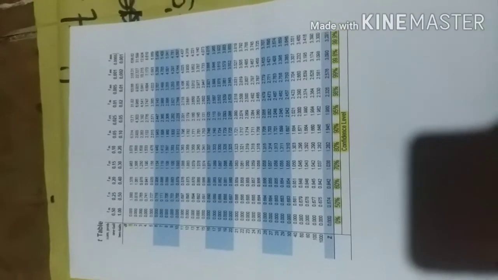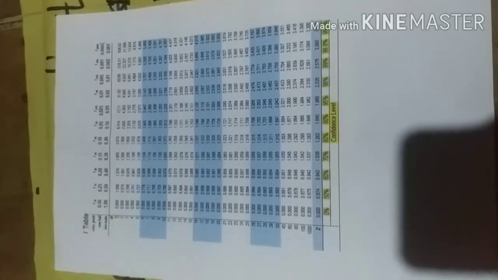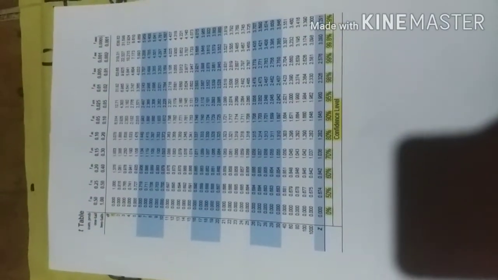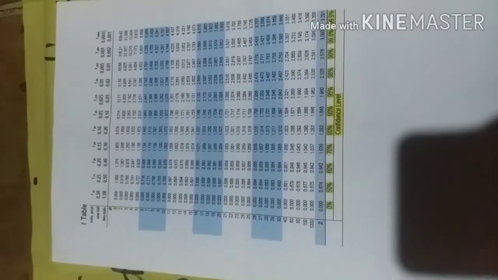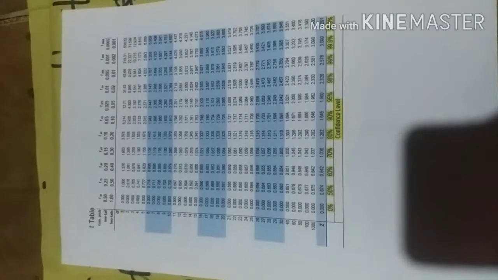Yung n-1, yung sample size minus 1. Yun yung degrees of freedom. So, ang student T distribution daw nagde-depend lang sa degrees of freedom na ituturo ko sa inyo mamaya kung paano yun makukuha.